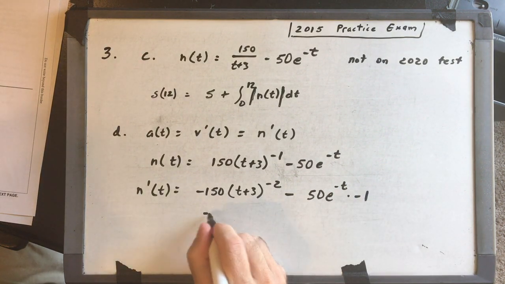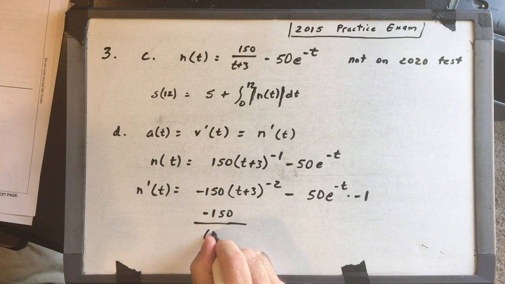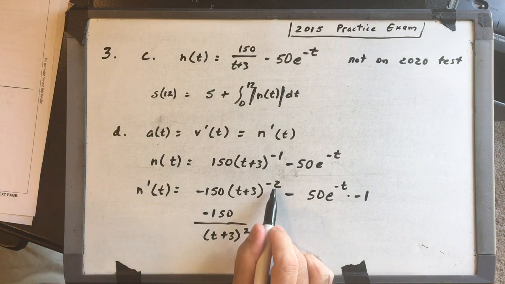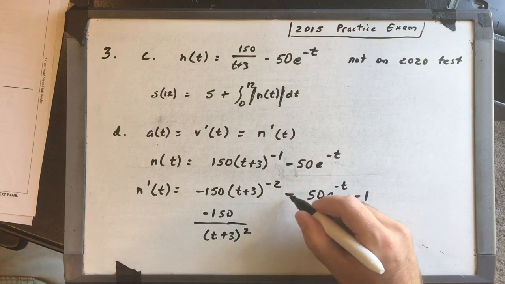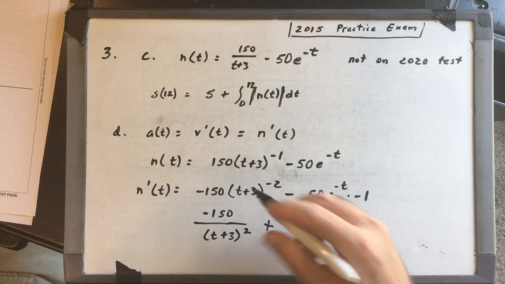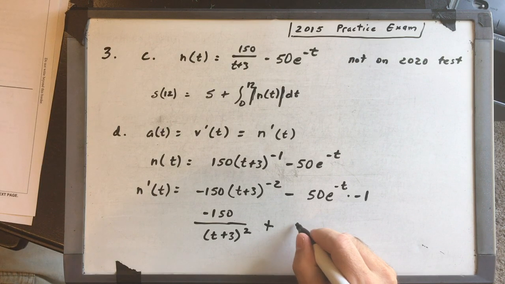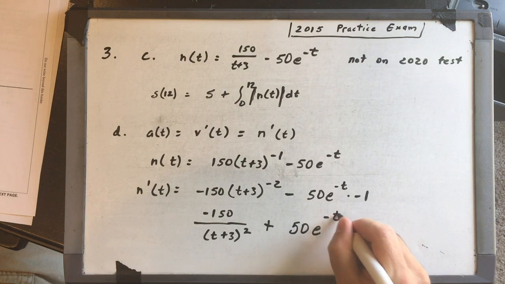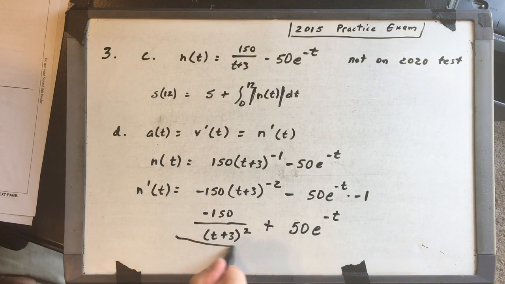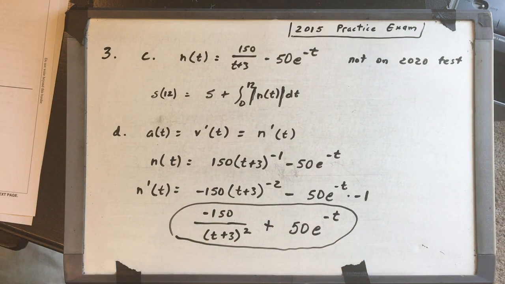So cleaning that up, it would be negative 150 over t plus 3 squared. I don't even know that you'd have to do this to make the exponent positive, but I did it. Negative, negative makes a positive. You could probably just circle all this, and I don't think they could count it wrong this year. And there you go. There's the expression for the acceleration.